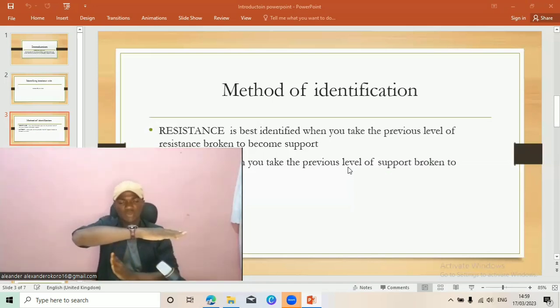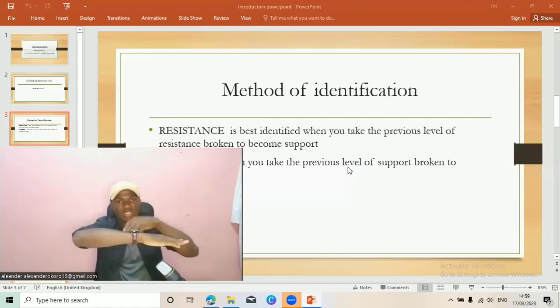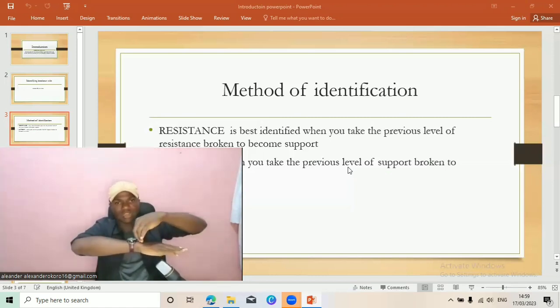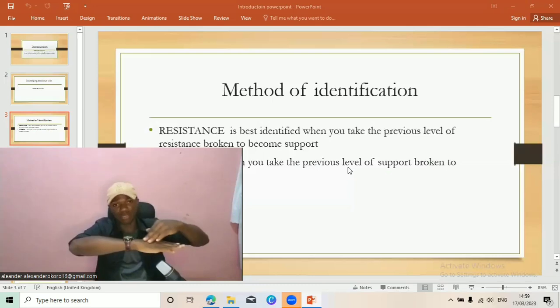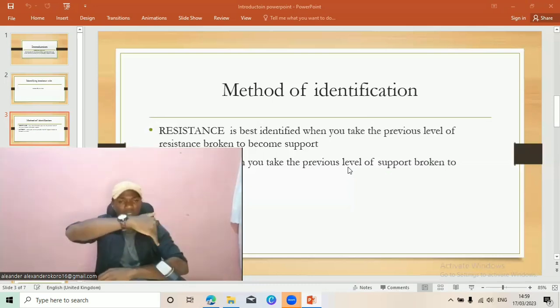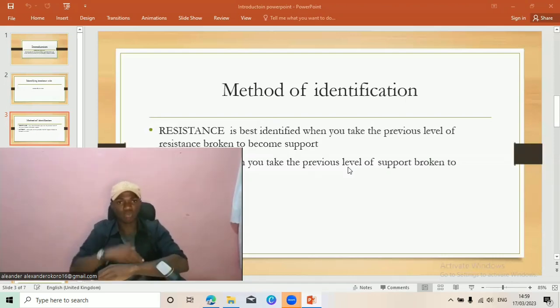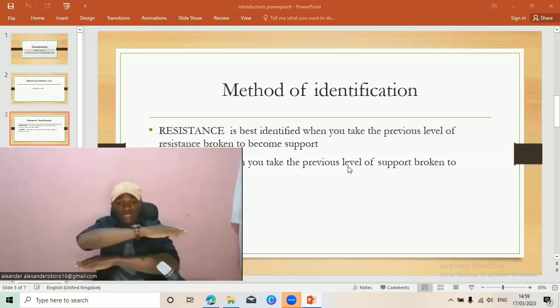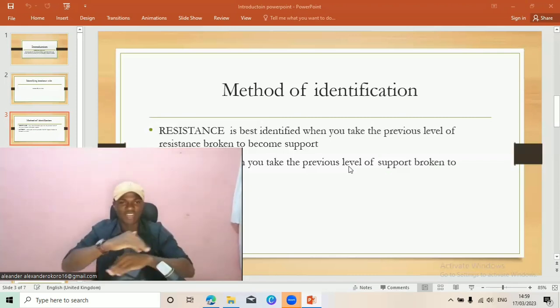Once the market is coming from this part and breaks this resistance going up, automatically this resistance has turned to support because it's now going up. It's assumed that it's now below, all right? But if it is for support, when the market is coming from up, down, and breaks the support line, you notice that it's going to go down, which makes this support turn to resistance. All right, so that is just the simple illustration of that logic.